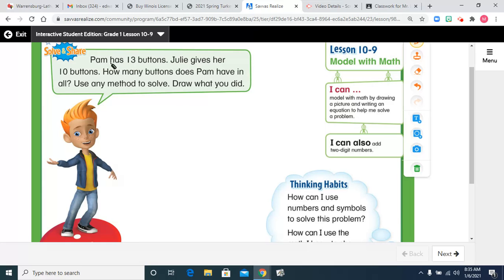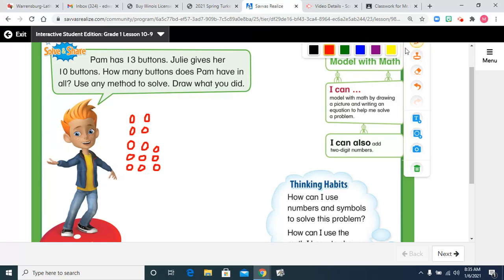Okay, so first let's draw a picture to help us solve the story problem. It says Pam has 13 buttons. So I would draw 13 buttons. 6, 7, 8, 9, 10, 11, 12, 13.